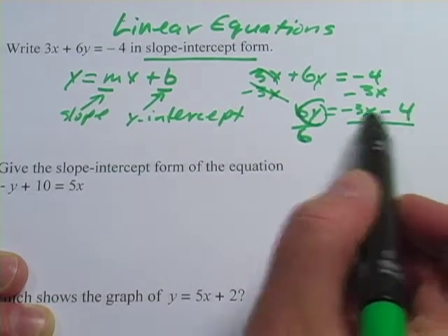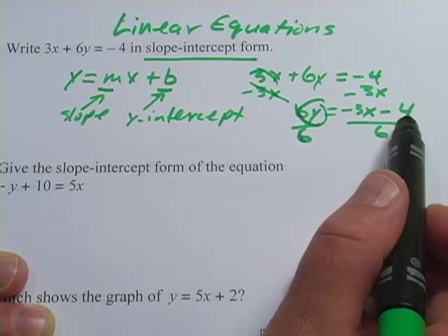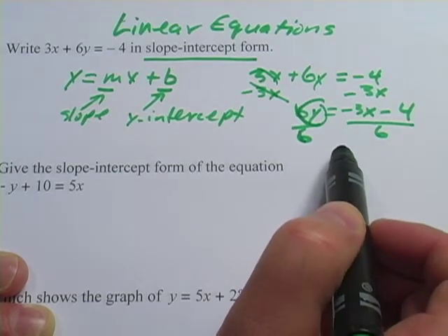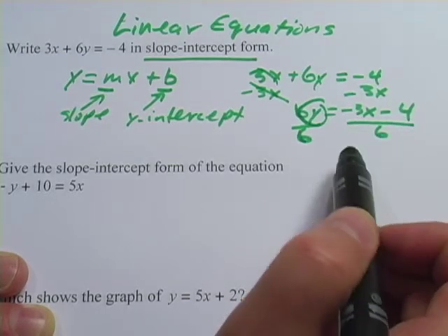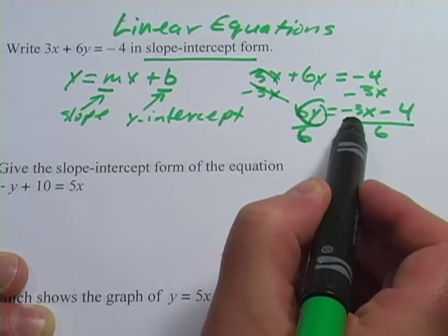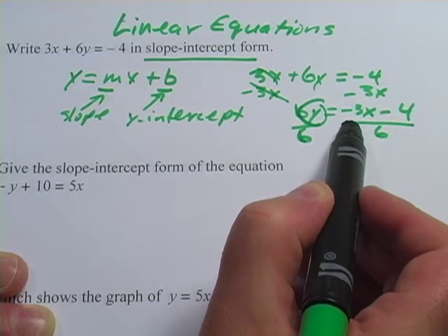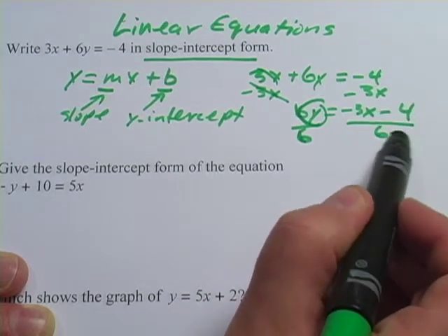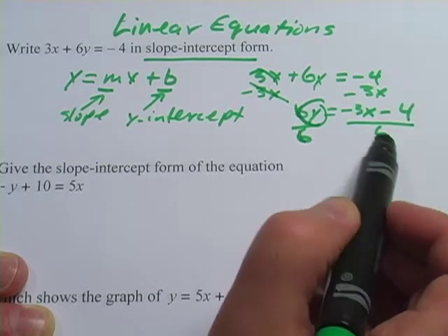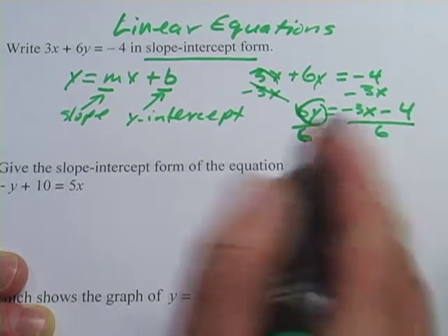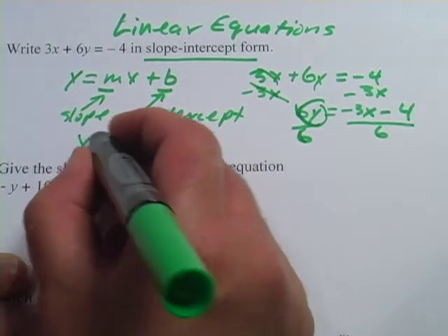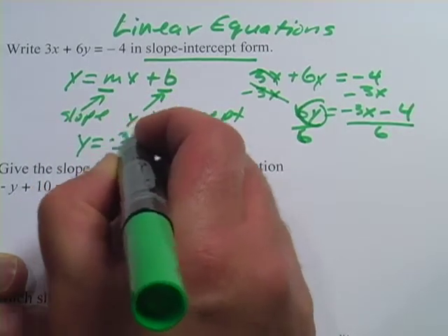Then I'll take each of these terms and divide them by 6. I don't want to leave it in this fractional form. I want two separate terms, because I want to easily look at what's in front of the x and know that's the slope, and look at this number and know that's the y-intercept. So y equals -3x over 6.